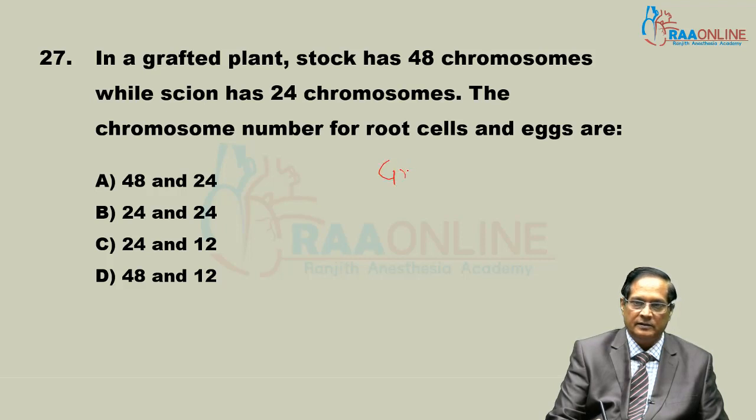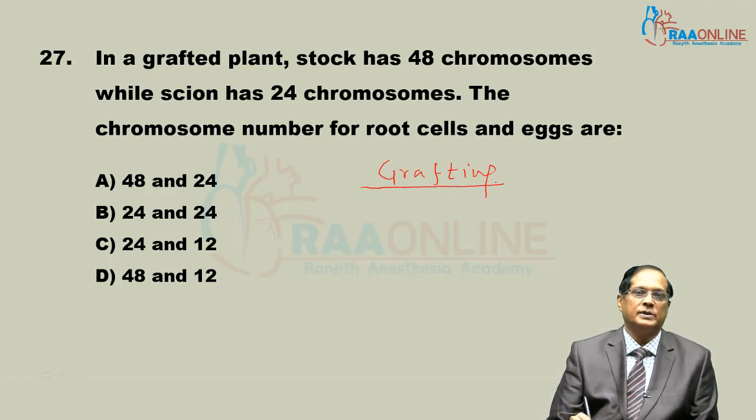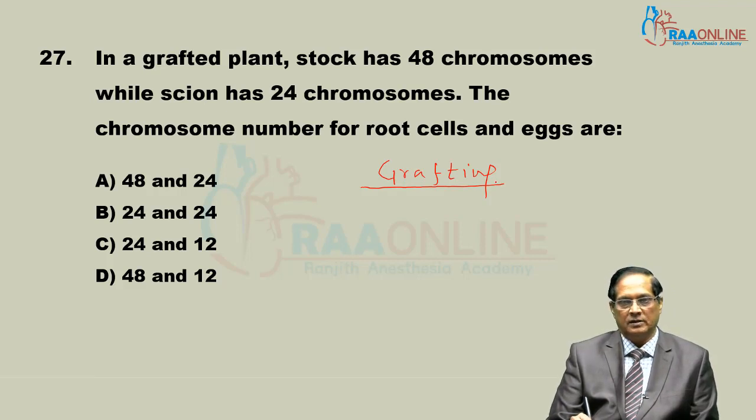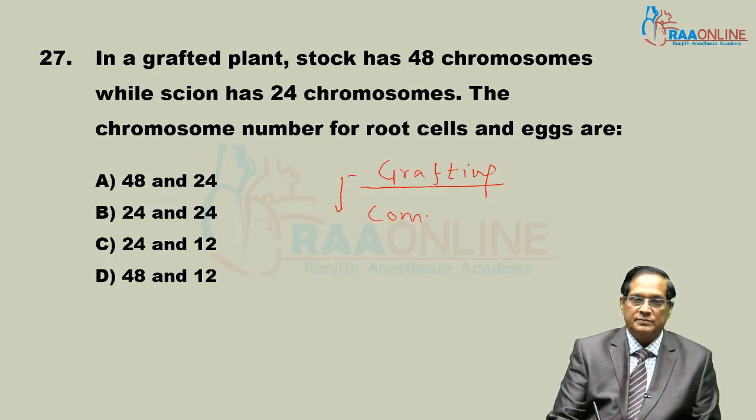Grafting, let's discuss briefly, then we will come to the question. Grafting is done in dicots because of the presence of cambium only. By the process of grafting, a composite plant is made.